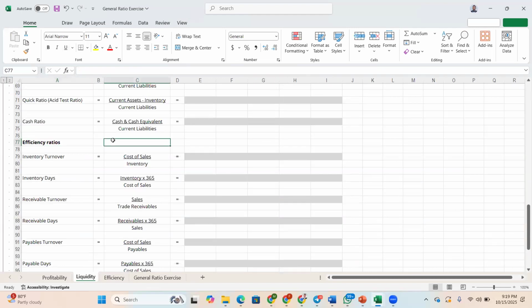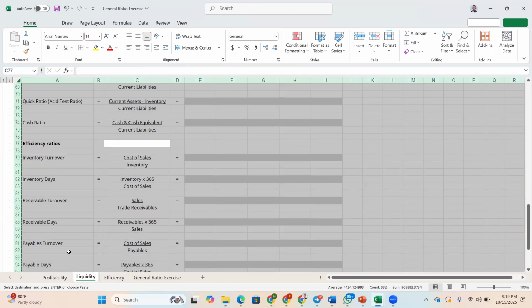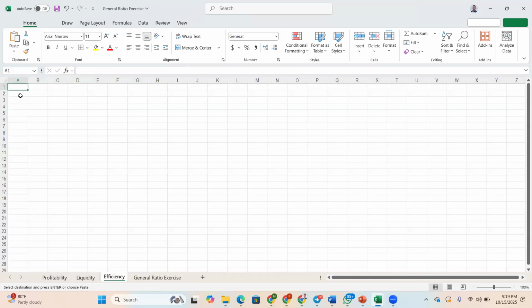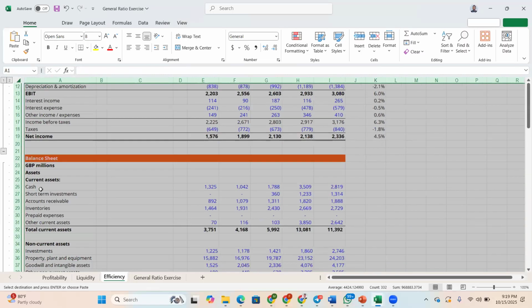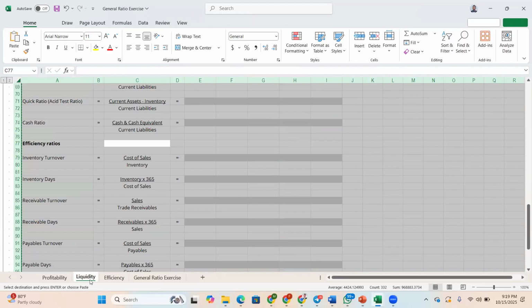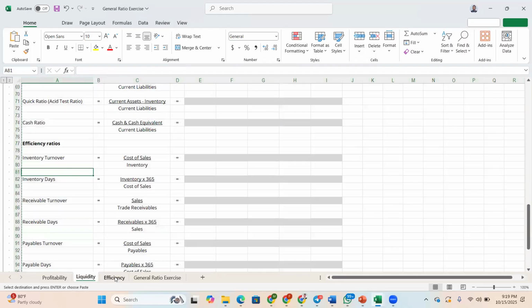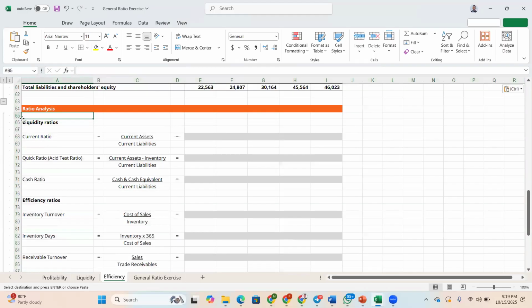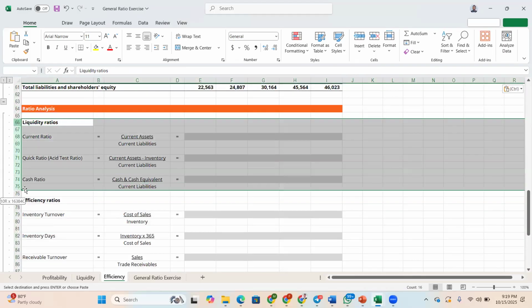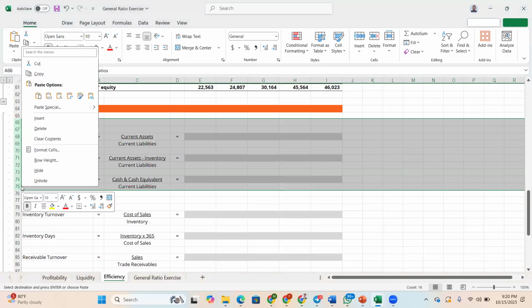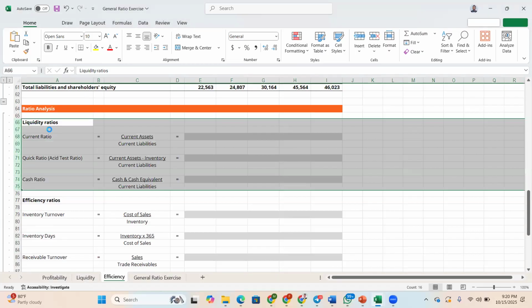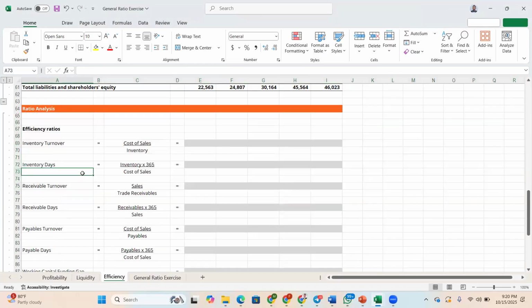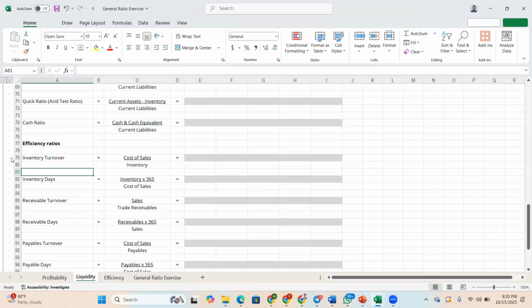I will just copy this and paste here. So this is liquidity. We're coming to efficiency very soon.